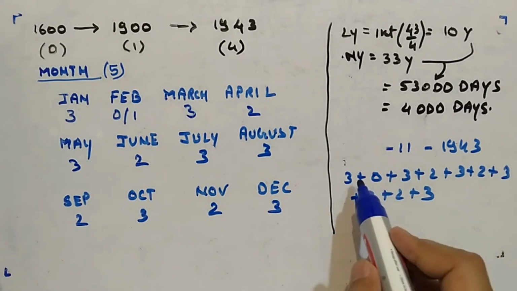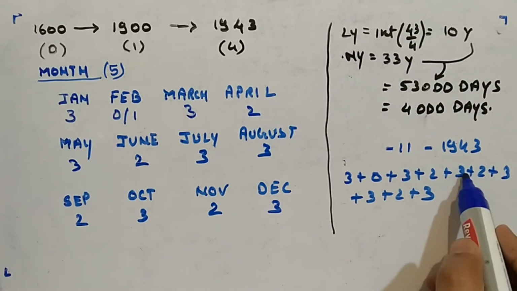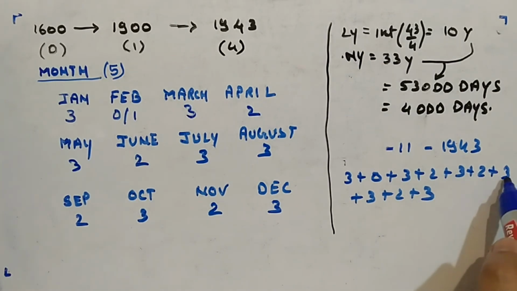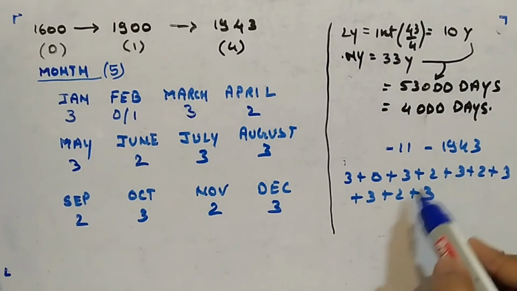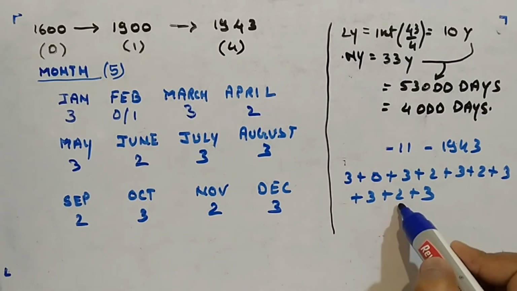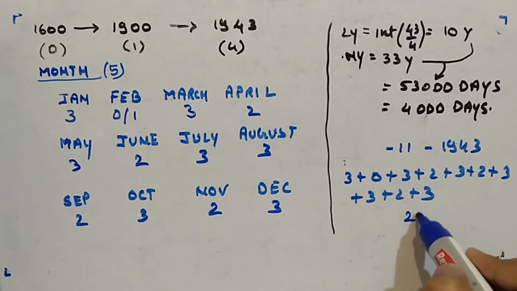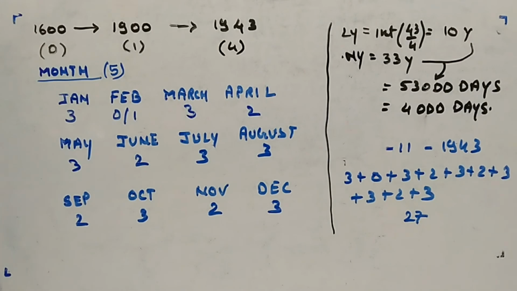So 3 plus 3 is 6, 9, 10, 11, 12, 13, 14, 15, 16, 17, 18, 19, 20, 21, 22, 23, 24, 25, 26, 27, total 27. And you know that total 7 days are there in a week, so divide by 7, remainder will be 6 odd days.